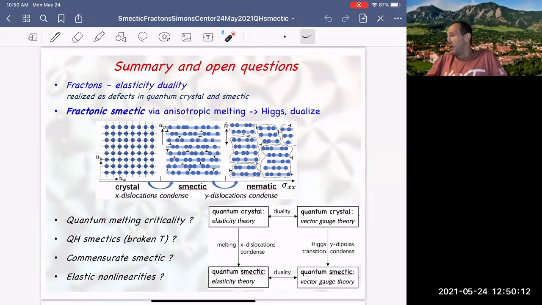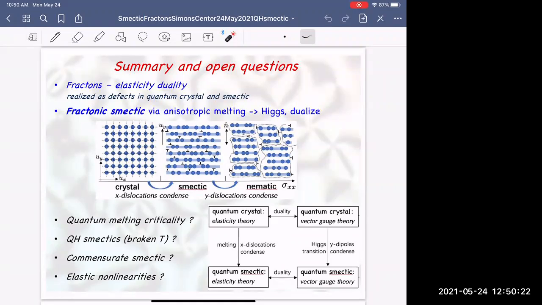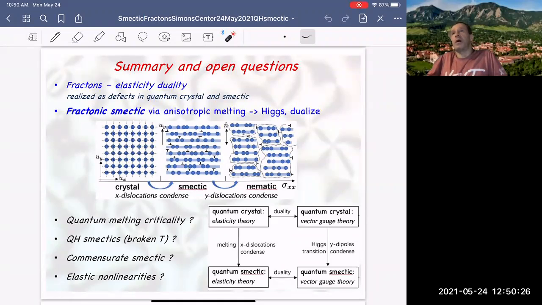Maybe not in the same language as we do now, but they definitely talk about anisotropic diffusion, and the diffusion coefficients for the climb are suppressed. It's not a constraint, it's just a strong suppression at low temperatures by the density of the vacancies and interstitials. So it's definitely there in the literature.